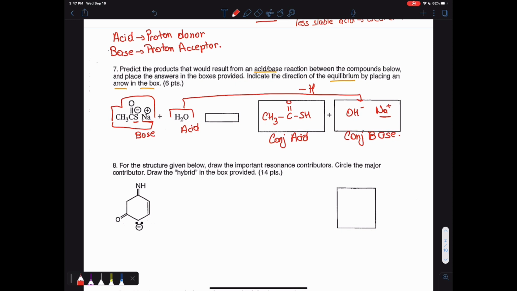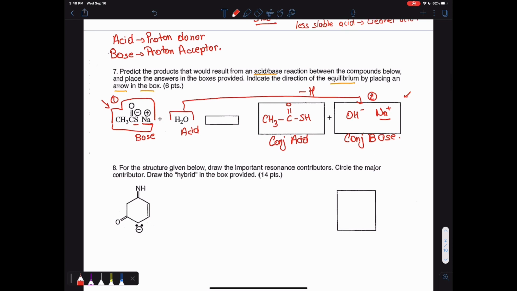For us to be able to figure out the equilibrium, we have to know which one is a strong acid and which one is a weak acid. So what you always do here is compare the anions. If you look at anion 1 and anion 2, the first thing you notice is that anion 1 has a resonance structure.